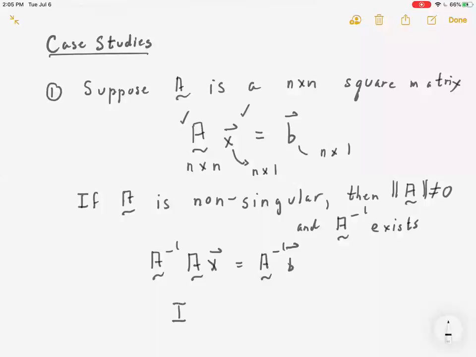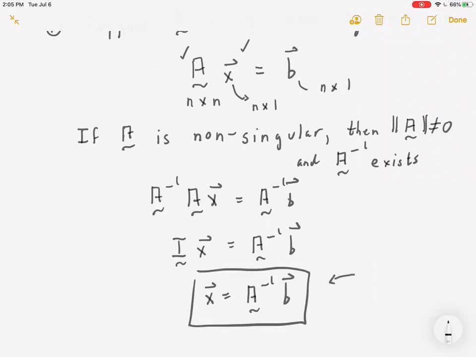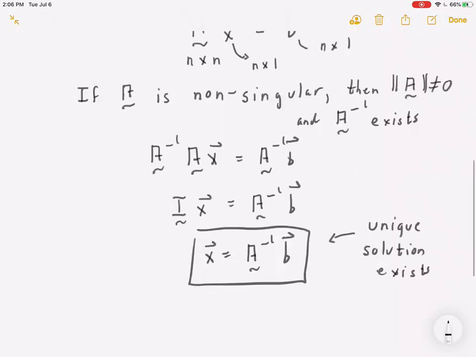Since the inverse of A times A is just the identity matrix, the left-hand side simplifies. And you will discover in this particular case that you have a unique solution to the problem. To find that unique solution, all you have to do is calculate the inverse of A and multiply it by b, and that'll give you x. You'll have some practice examples with this on the problem sets.